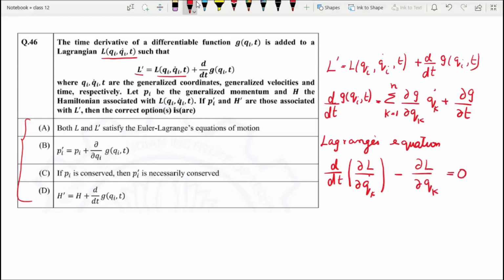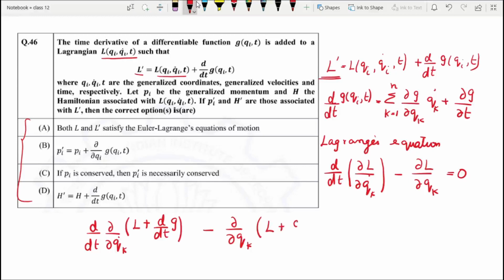If this new Lagrangian L prime satisfies the Lagrange equation, then we will have d by dt of del by del qk dot of L plus d by dt of g, minus del by del qk of L plus d by dt of g. Let us consider this as 1, this as 2 and this as a third equation.